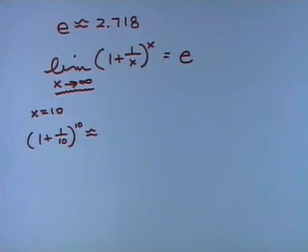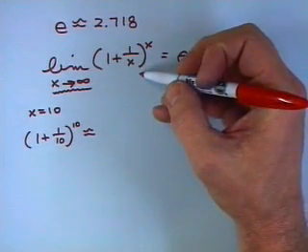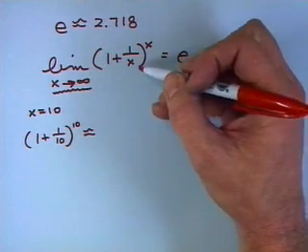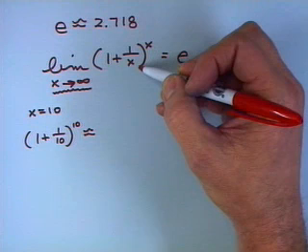Now I know that you're pretty savvy mathematicians. I know that you've done a lot of limits, and that you've evaluated, for example, what happens to 1 over x as x approaches infinity. If you look at this in pieces, and unfortunately this doesn't work in this problem, what happens to 1 over x as x gets large?